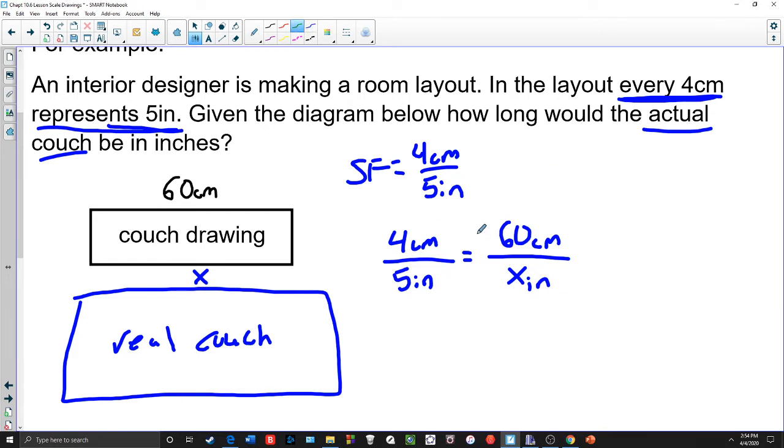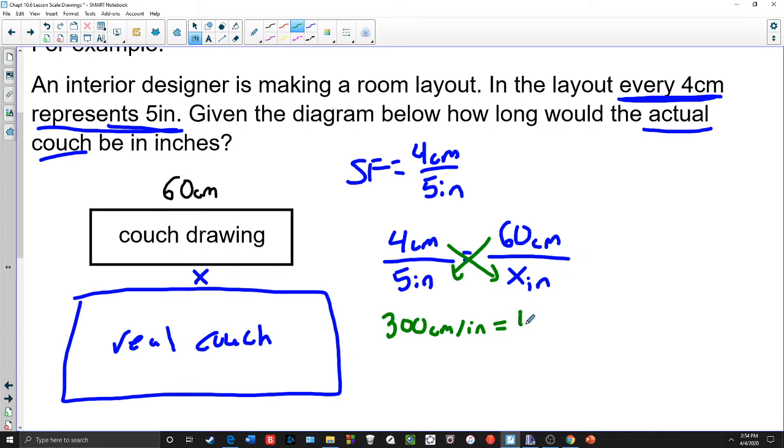Let me go ahead and multiply here. 5 times 60 is 300. We'll say 300 centimeter inches because we're kind of multiplying these labels together. So centimeter inches is equal to 4 times x.